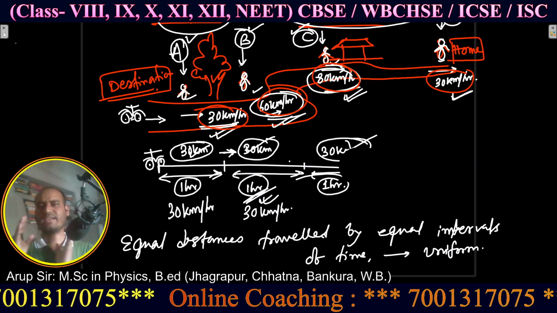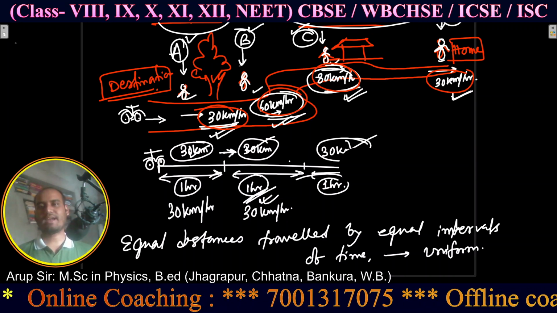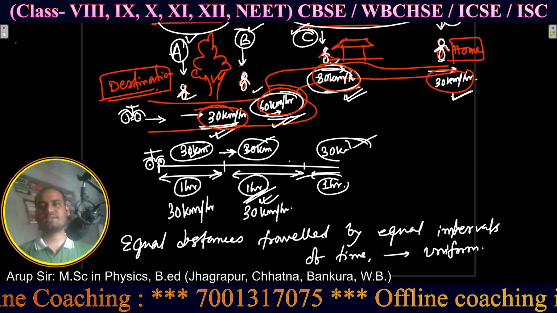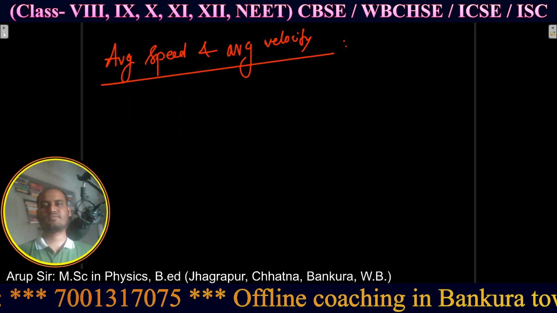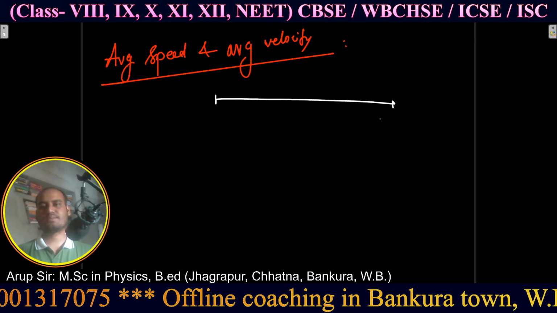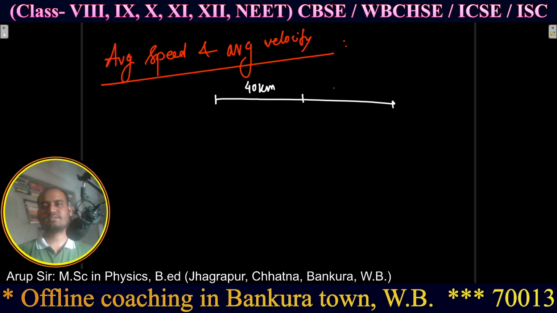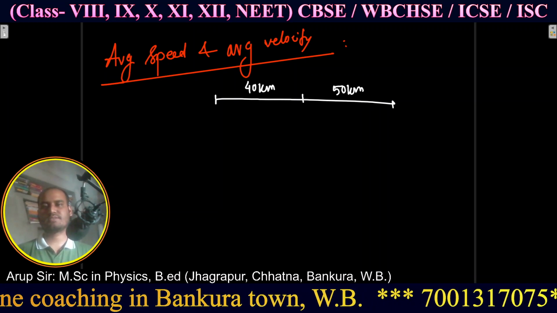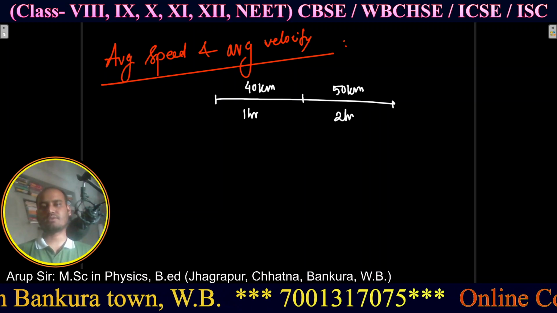You have to calculate the total distance, and calculate the total time taken to cover the distance. Let us suppose this is the path, and it is 40 kilometers and 50 kilometers. It is taking 1 hour to travel the first, and 2 hours to travel the second.